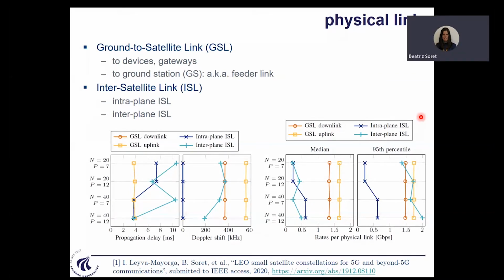I think you can have both time and frequency offsets, and even if you compensate, because you compensate on Earth, but still you always have some time and frequency offsets.